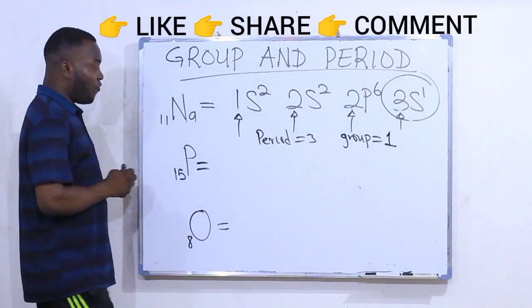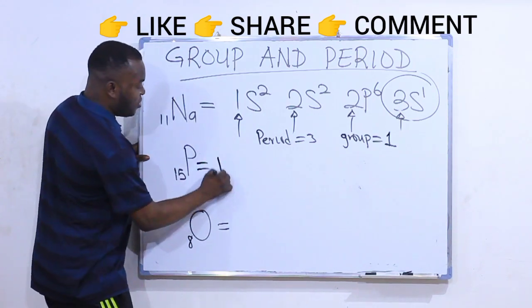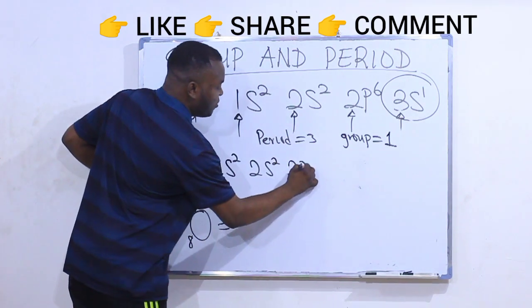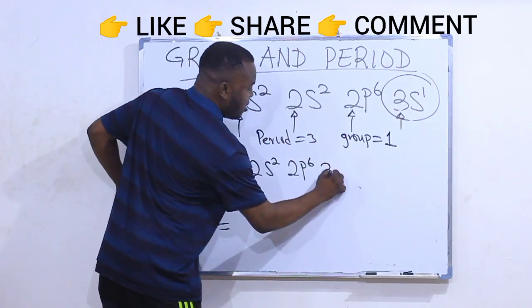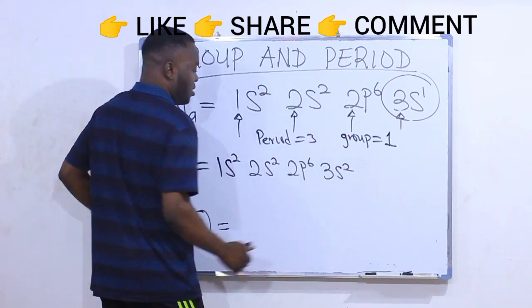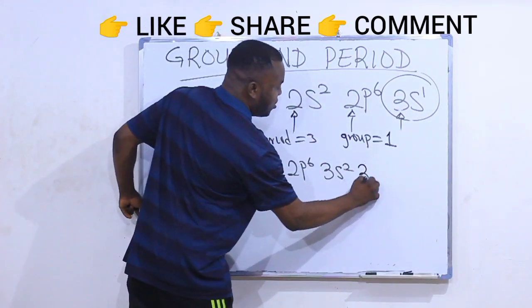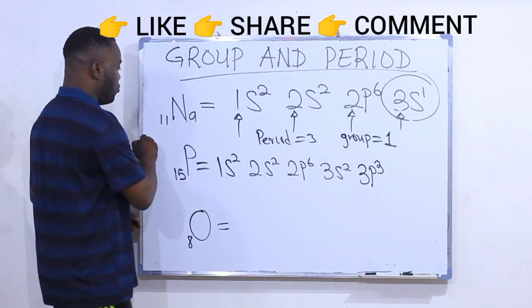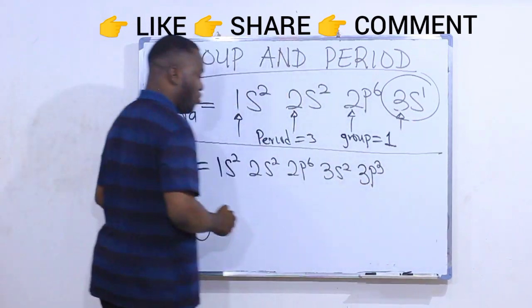Now let's go to number 2, which is phosphorus. Let's write the configuration for phosphorus, which is number 15: 1s2, 2s2, 2p6, 3s2. I have 2, 4, 10, 12, remaining 3. After 3s, I have 3p3. This is the electronic configuration for phosphorus.